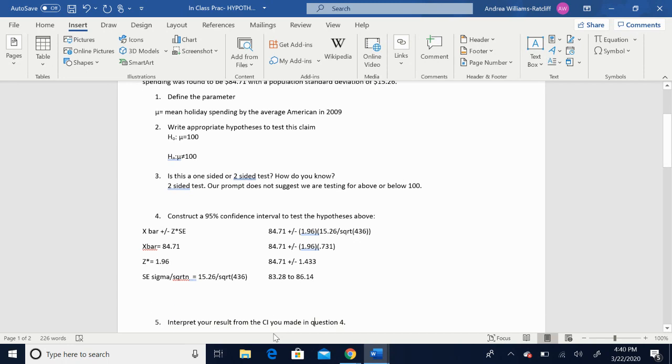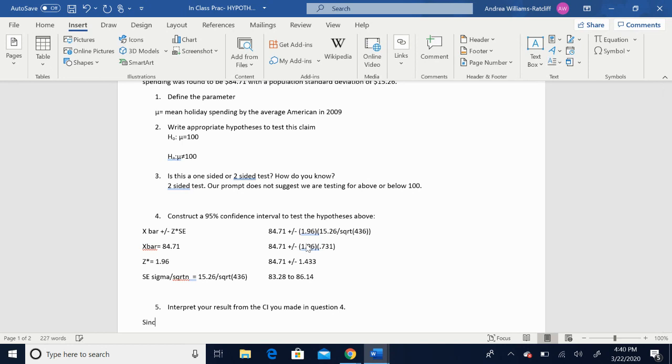$86.14. Once we've got that confidence interval completed, now we have to make some decisions. We have to look at the null hypothesis and compare how it fits into our confidence interval. One thing that should immediately jump out at you is that $100 is not in that confidence interval. It's not there.